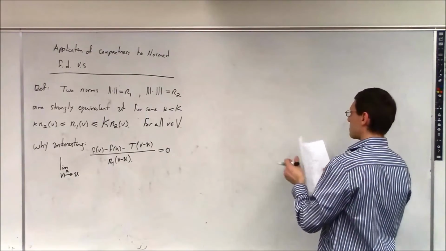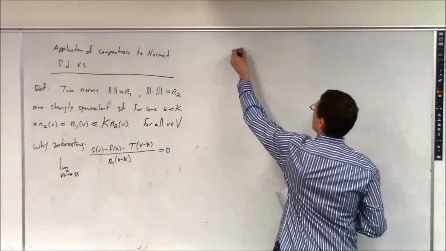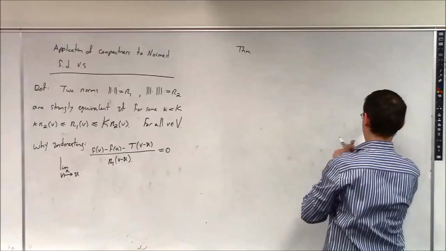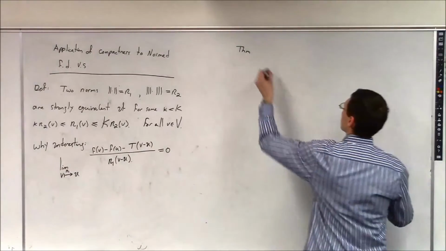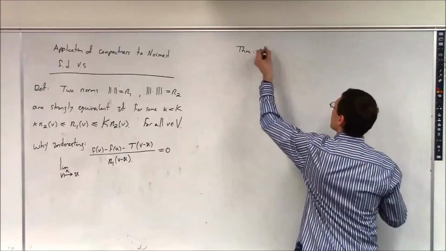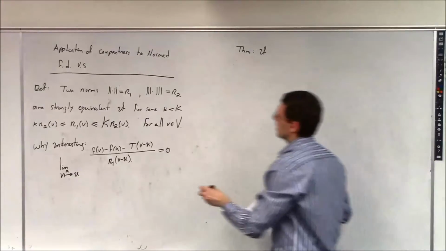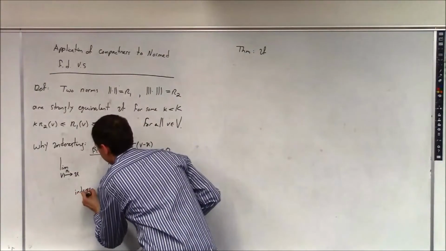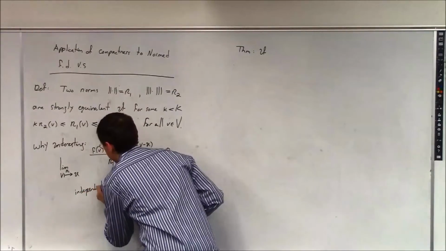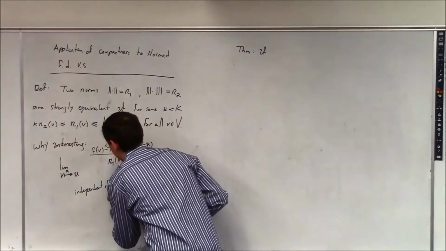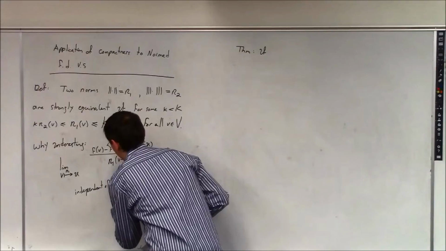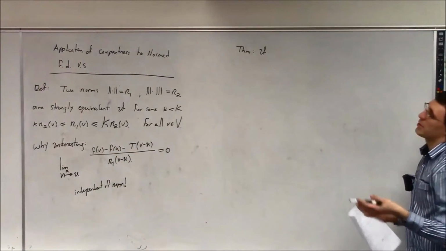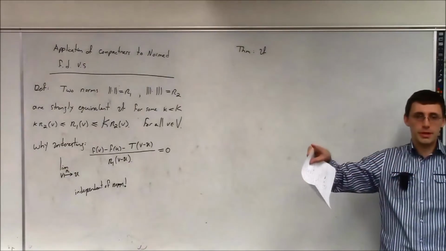All right, so here is the theorem that I want to prove. This is independent of norm. You are free to just switch between norms. You can prove results: if it's easier to prove it for a square, you use a square.